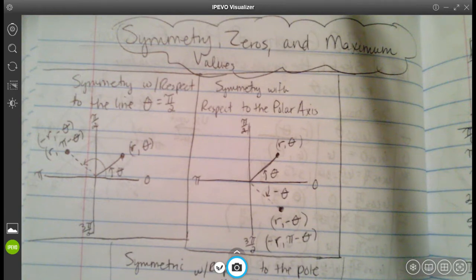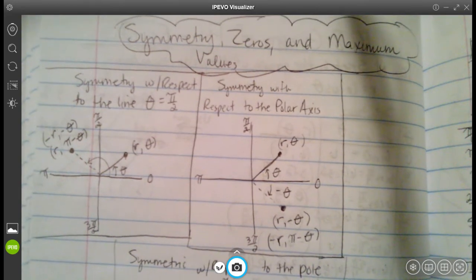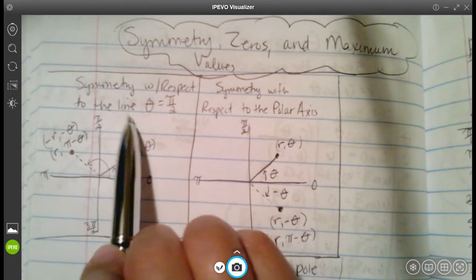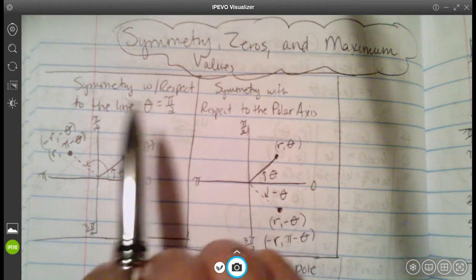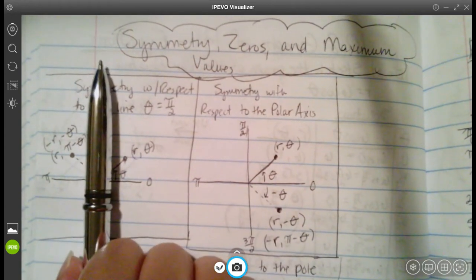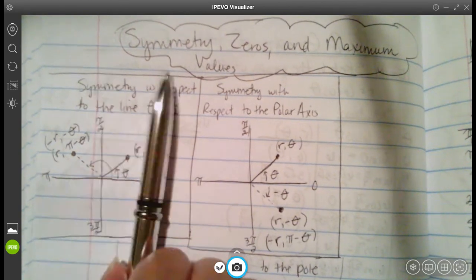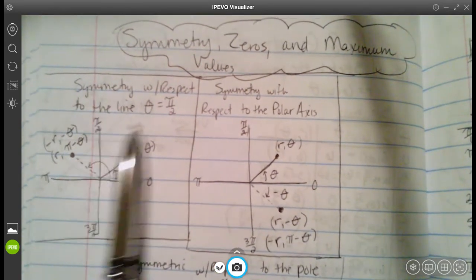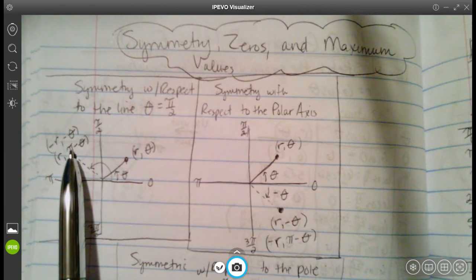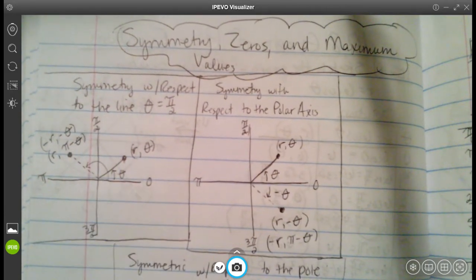Here in polars, we have similar ideas, but it's symmetry with respect to the angles. So in this first case, we have symmetry with respect to the line theta is equal to pi over 2. So it's kind of like our even symmetry, kind of. We don't want to call it the same thing, but it's with respect to this line. So everything on this side is going to match everything on the left side, and vice versa. Okay.